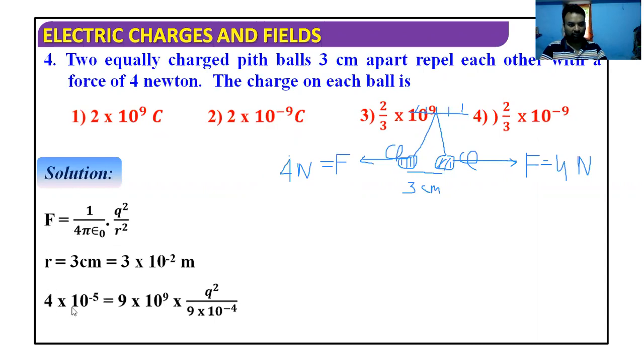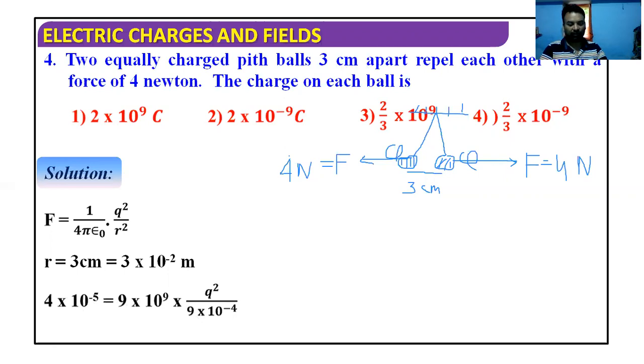Force is given, 4 Newton, sorry. Convert this Newton into dyne, because the distance is in centimeter. So 4 into 10 to the power minus 5 into 9 into 10 to the power 9 into Q square, divided by distance.